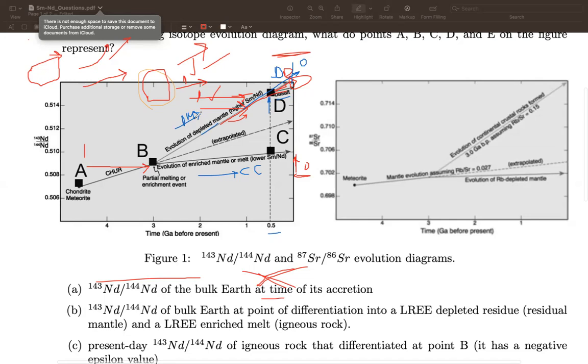Not oceanic island basalts, not OIB, right? It is a product of the lower mantle, which is believed to be undepleted. We believe the lower mantle is almost like the chondritic composition, right?